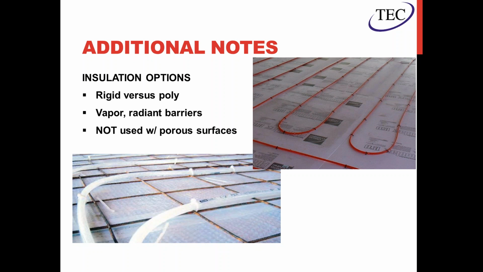Insulation options. You're all certainly familiar with rigid insulation. I'm sure a lot of you are also familiar with the poly bubble options. We typically recommend the poly bubble with the radiant lining, the aluminum lining in it, but it can certainly be either. There's no code requiring one over the other.